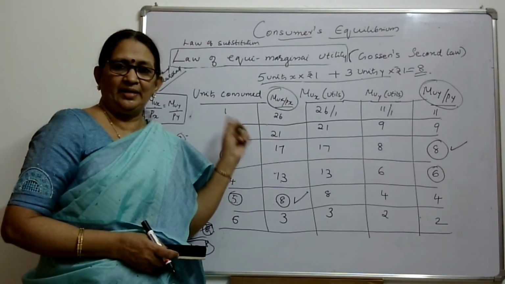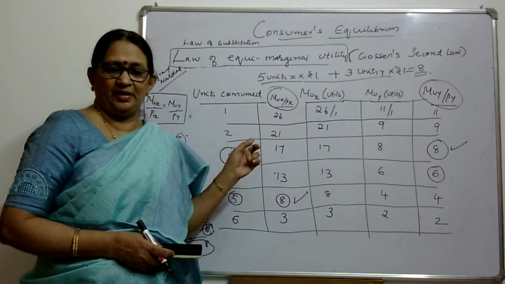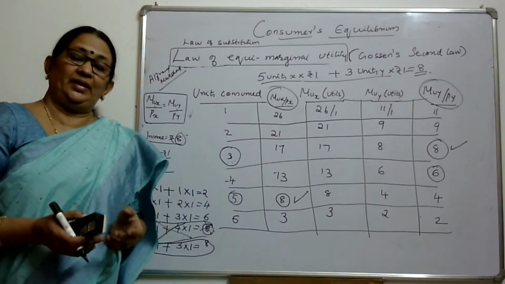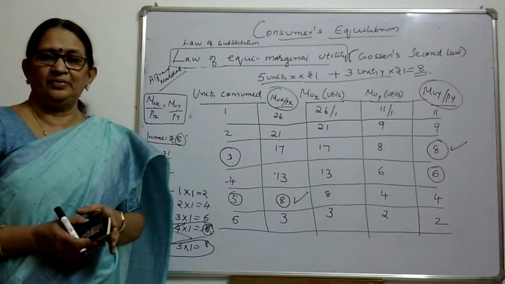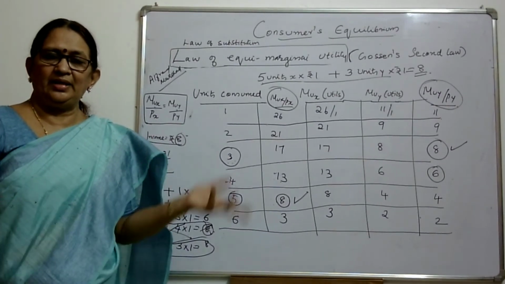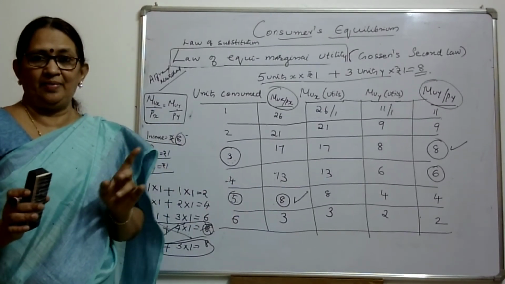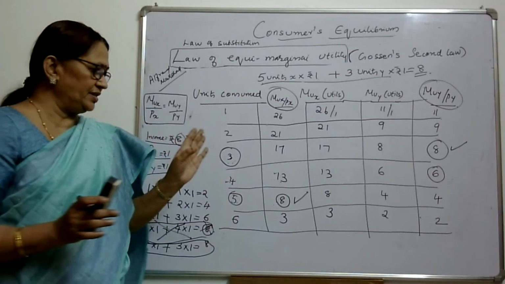He will prefer that commodity which is giving him more satisfaction. He is adjusting. With this limited income, he has to adjust. If he has unlimited income, then what will happen? He can consume any quantity, any unit of any commodity. But income is limited and price is also constant.